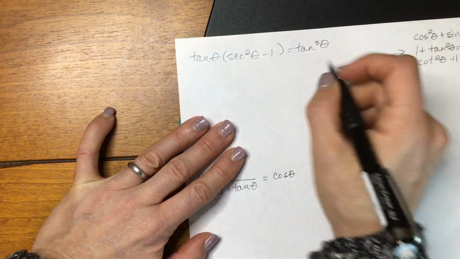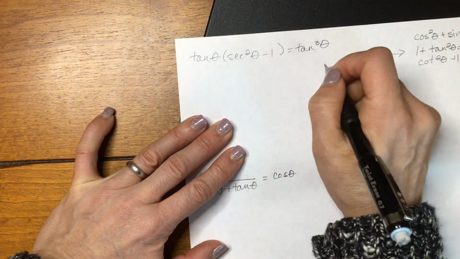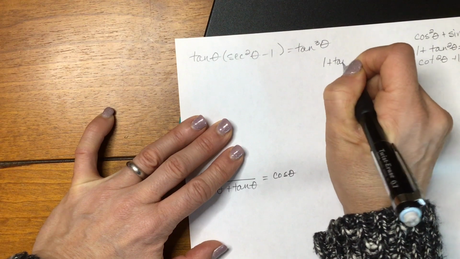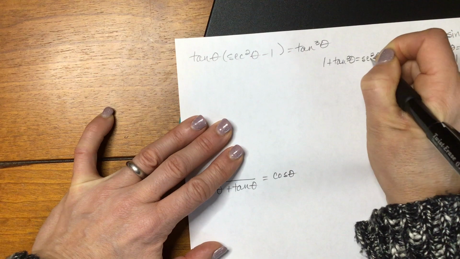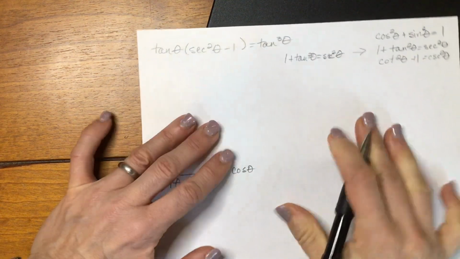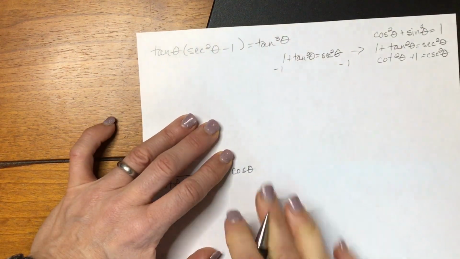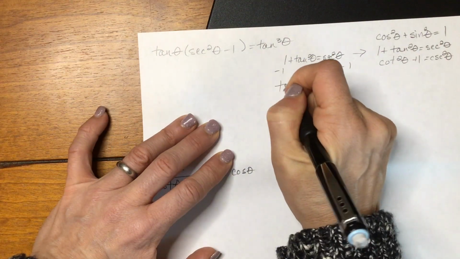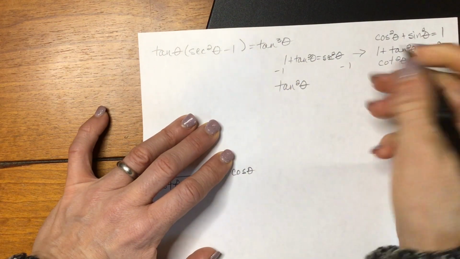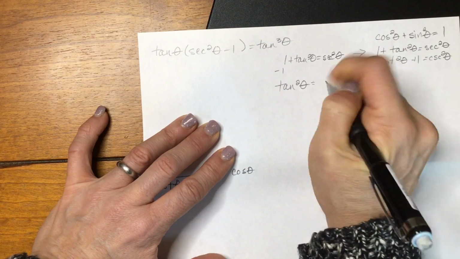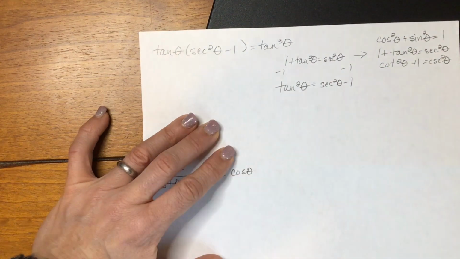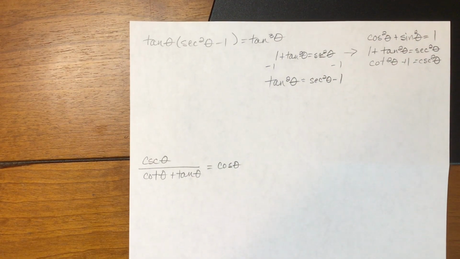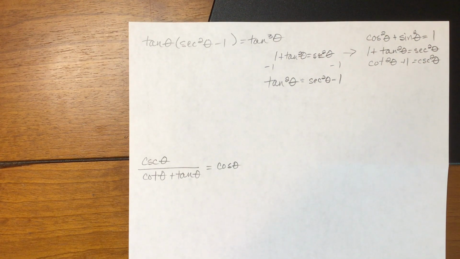And if I took this identity, 1 plus tangent squared theta equals secant squared, and I subtracted 1 from both sides, I could see that identity, when I rearrange all the terms to make it like what I see in the one that I want to verify, that I get tangent squared equals secant squared theta minus 1.